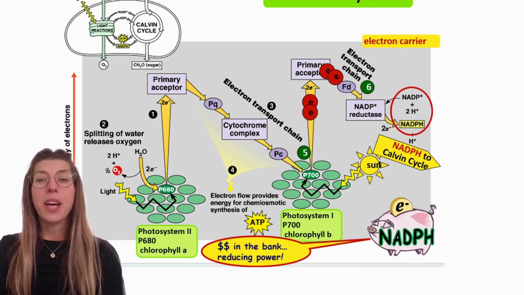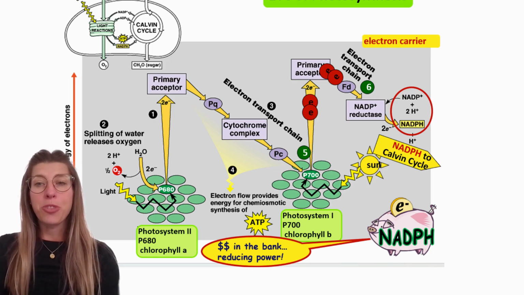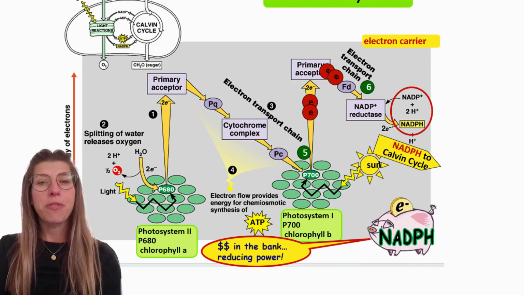Because of this activation, this is going to reduce NADP that is found in the thylakoid, and it's going to create that high energy molecule NADPH.